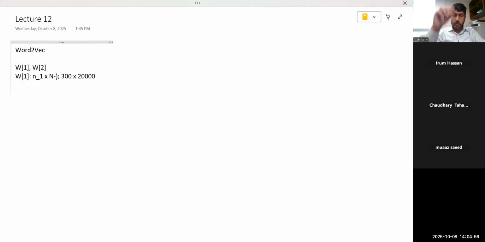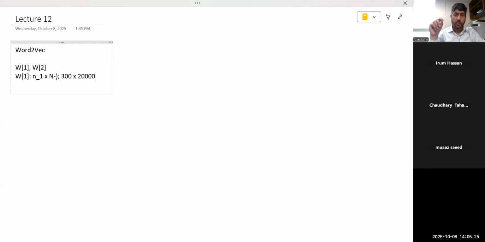So 300 rows and 20,000 columns. So each row is now an embedding for the corresponding word in the vocabulary. So the first row of this matrix is the embedding for the first word in the vocabulary. The second is the embedding for the second word, and so on. And this is 300 in length, and it is usually dense.